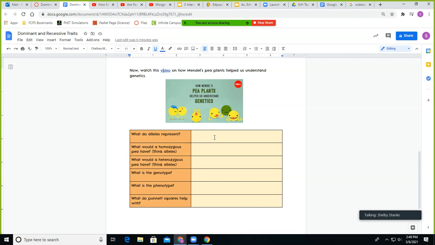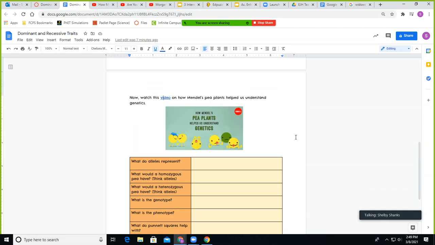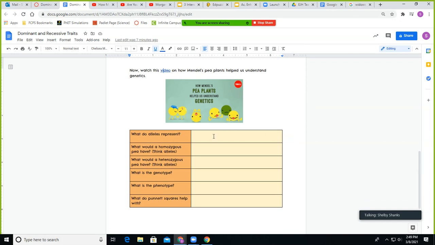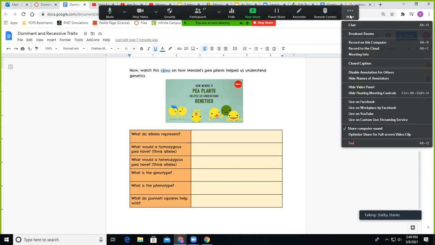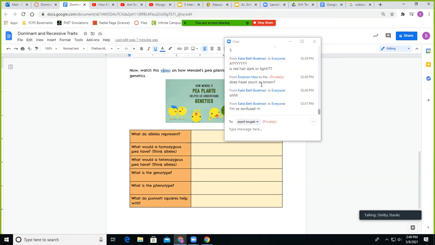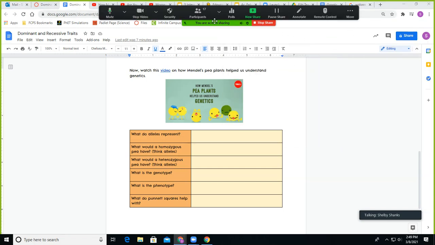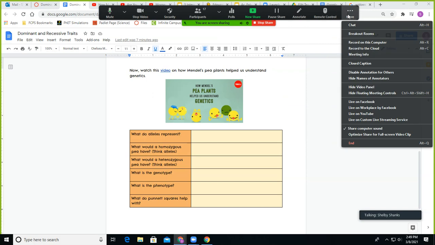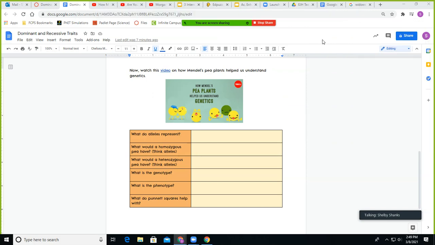Does anybody have any questions? This is the only other thing that I have for you guys today. If you have questions, please ask. If you did not get your test in, most of you guys have. There's only a few that have not. If you haven't gotten that test in, make sure you do, because I've already posted grades.